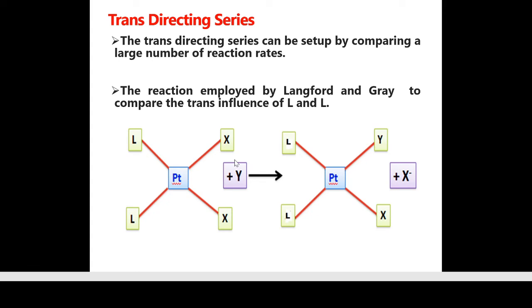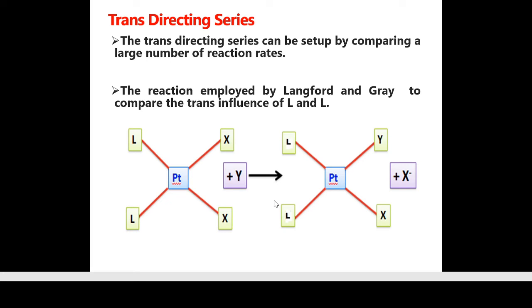When Y attacks this square planar complex, then there is replacement of one X opposite to this L. Consider the opposite position of this L. Y is situated at the X position opposite to this L, which gives the product. This is nothing but trans effect. This is the trans effect of L. This is the trans effect of L'.